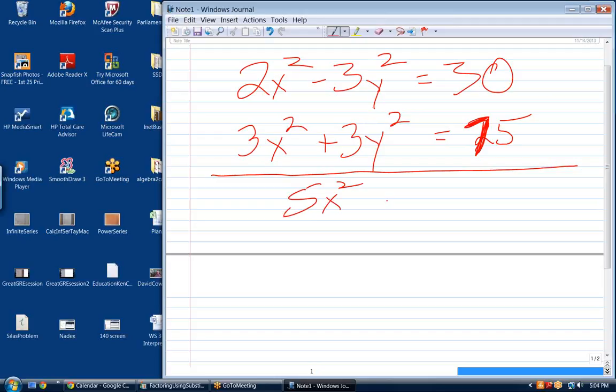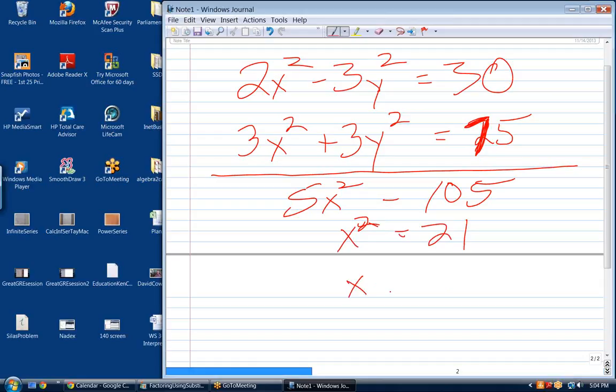Y term goes away. And that's equal to 105. Okay. X squared is equal to 21. What's x equal? X equals plus or minus square root of 21.